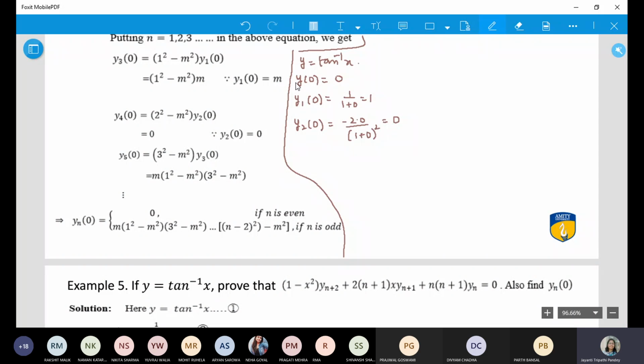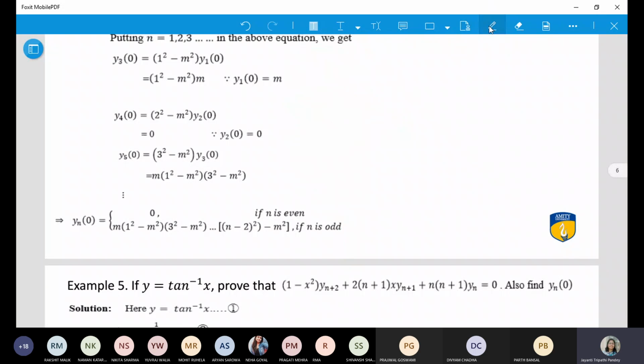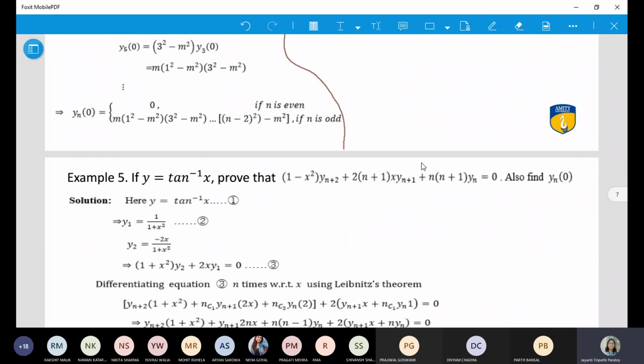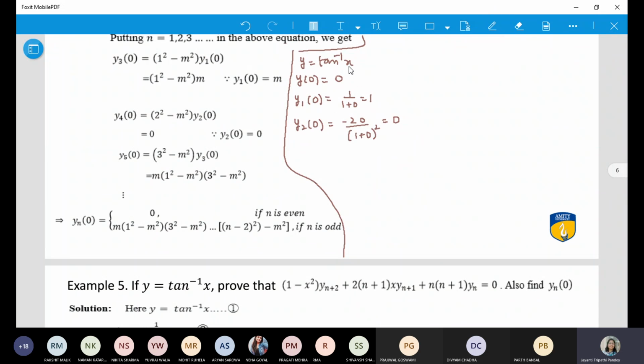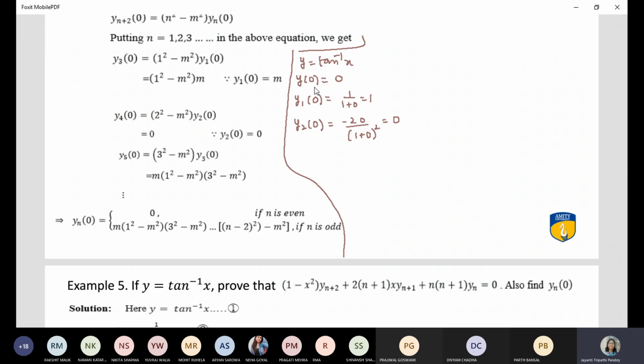Now we have y0, y10 and y20. I hope you have noted down these three values: y0 is 0, y10 is 1 and y20 is 0.